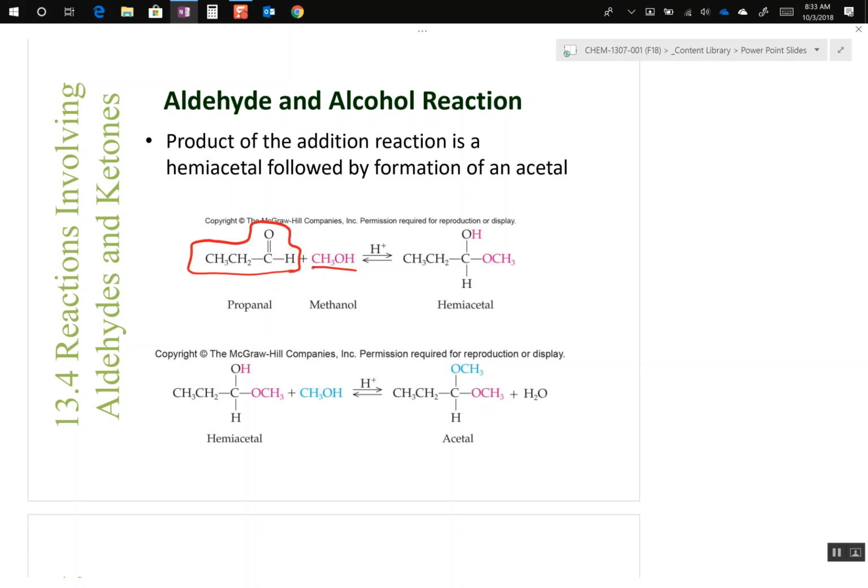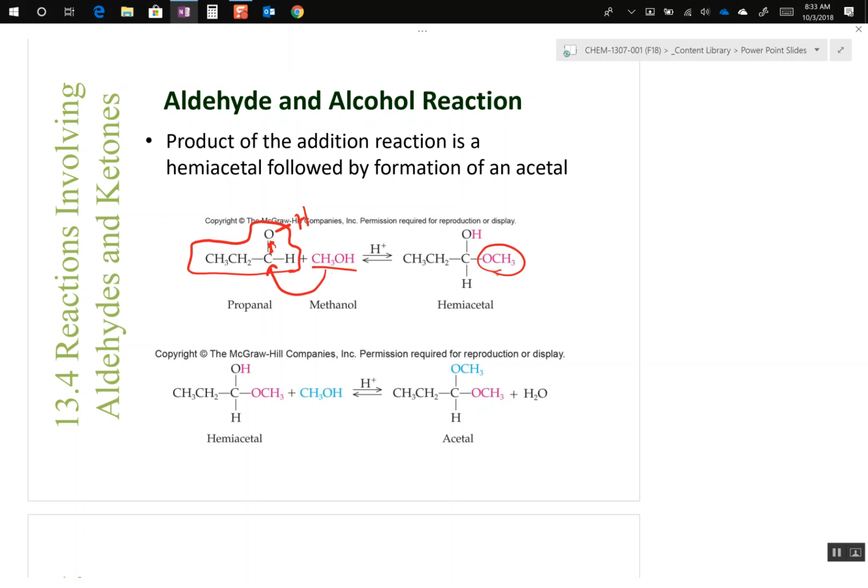That's the group that's going to get added. So where is it going to get added? It's going to add to the carbon. When we do that, we break this bond. I'm going to form the OH. And then I'll have the OCH3 added.